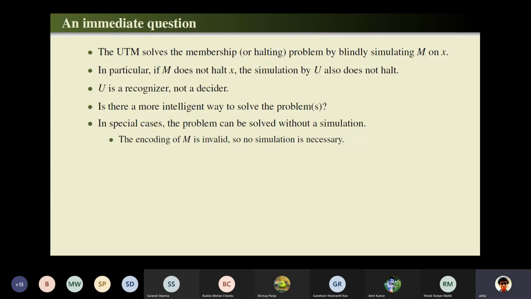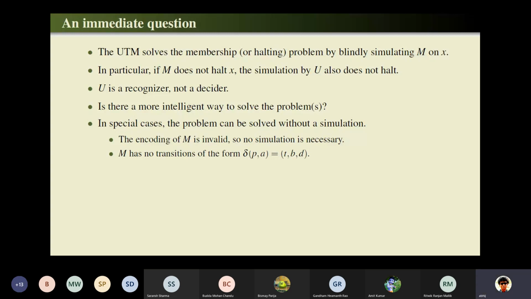The validity of an encoding can be checked at the beginning. And if M has no transitions that lead it to the accept state, then it is never going to accept. These things can be obtained simply by looking at the encoding, with no need for any simulation. If there is no delta of the form (p, a) to (t, d).